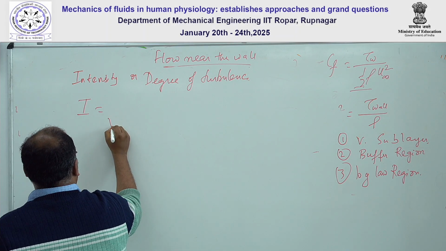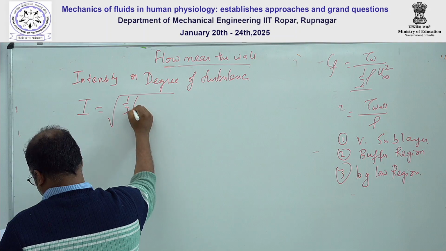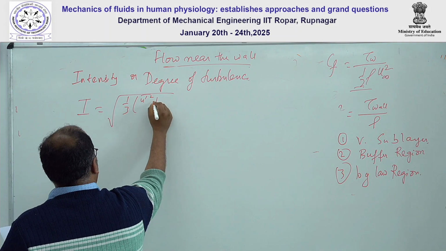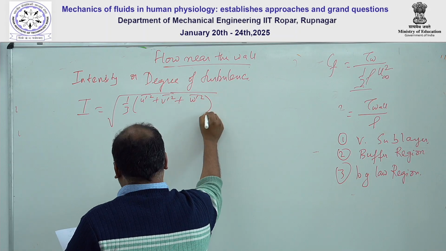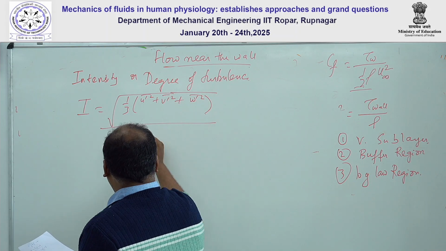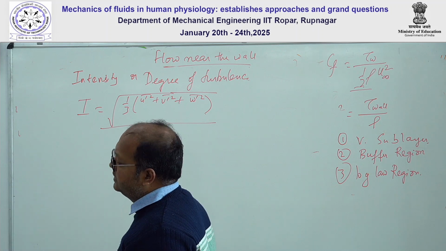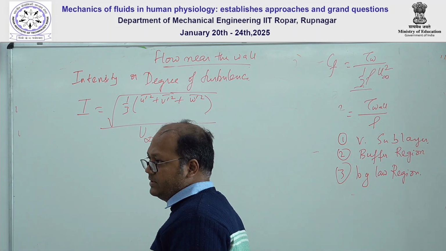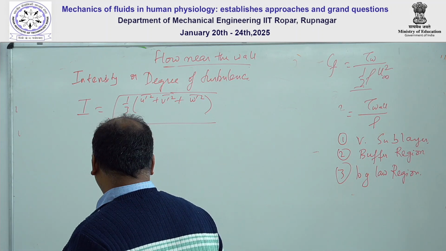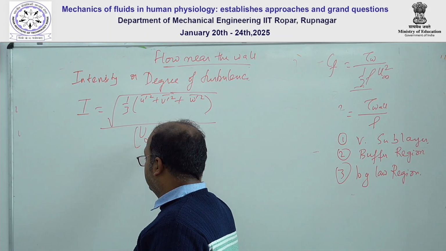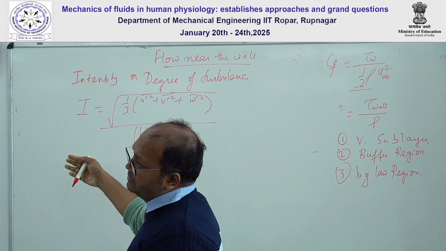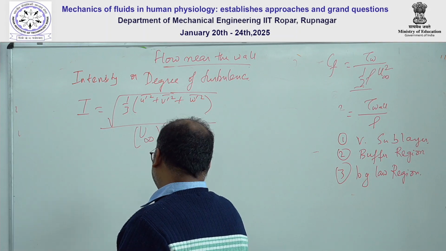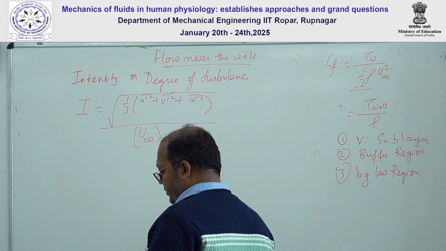I equals the square root of one third of u dash square plus v dash square plus w dash square, divided by some characteristic or fixed velocity, u infinity. For flow over a wall, this u infinity represents a fixed velocity, like the center line velocity. For a pipe, it is some sort of mean velocity.